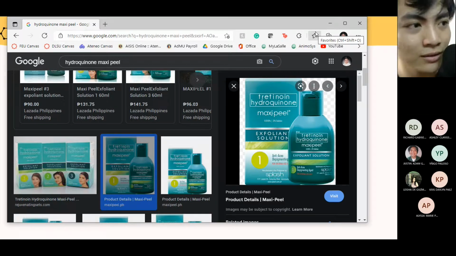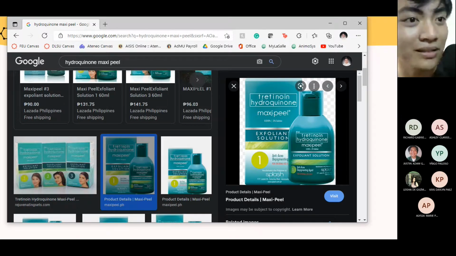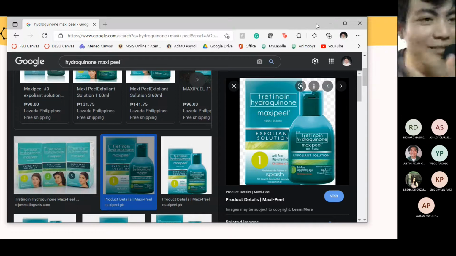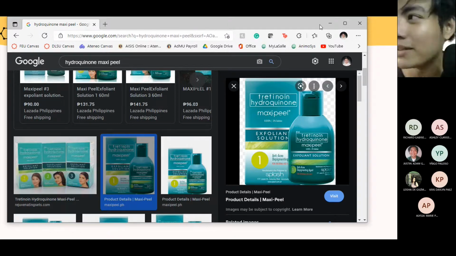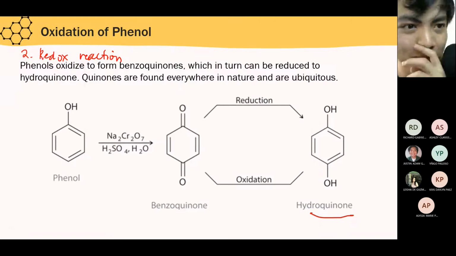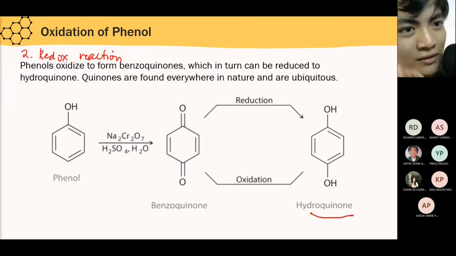Okay? And the hydroquinone, ayun yung nasa Maxipil. Okay? So, kaya pala nakaputi ng skin yung Maxipil. Kasi galing siya sa phenol. Okay? But again, excess of it will cause inflammation.